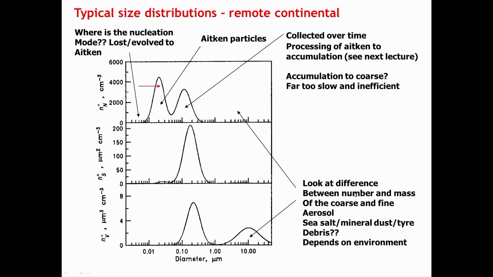So just as a point of note, look at the difference between the number and the mass of the coarse and the fine aerosol. And remember that most of the particles that contribute to the mass make negligible contribution to number, and most of the particles that make the big contribution to number make negligible contribution to the mass.